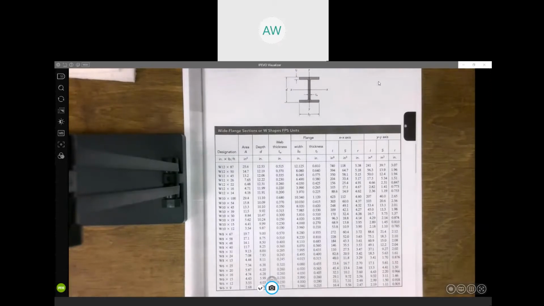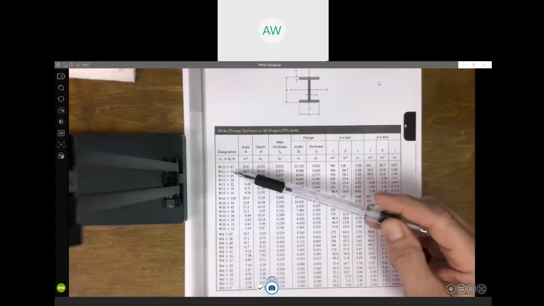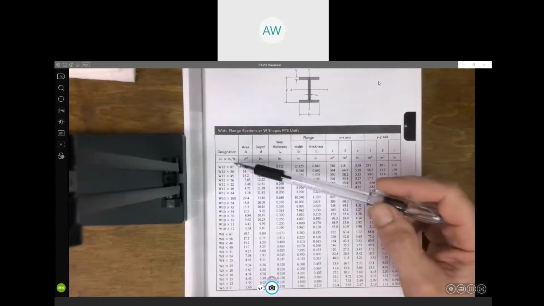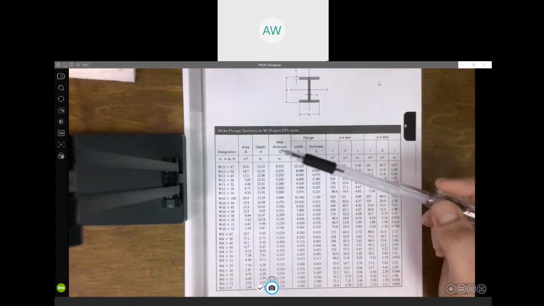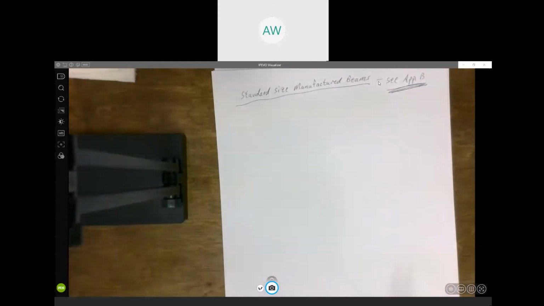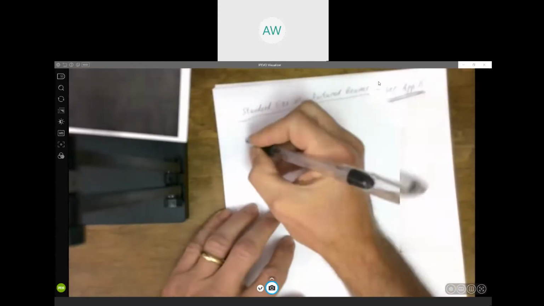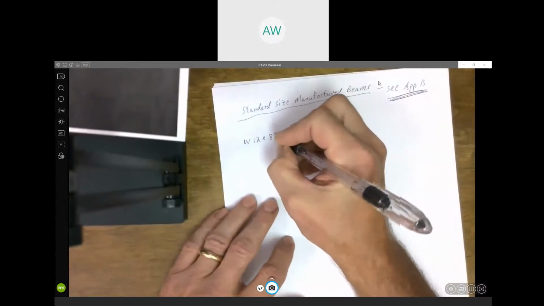All right, so all I want to do here is talk about what this designation, these numbers and symbols, mean. So, for example, let's take this top one here, W12 by 87. I'm going to come back to that table in a minute, but let's look at a W12 by 87.